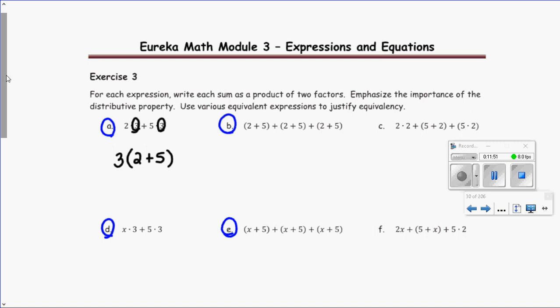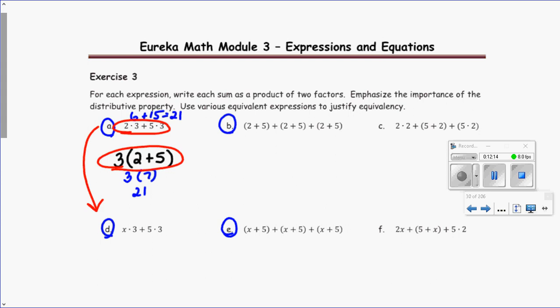If you want to, you can solve both of these. You can do 6 plus 15 is 21, and then you can do 3 times 7 is 21, and that proves that they're the same. But what we're really looking for is, how do you write this as the product of 2 factors right here? So A will help you when you get to D.